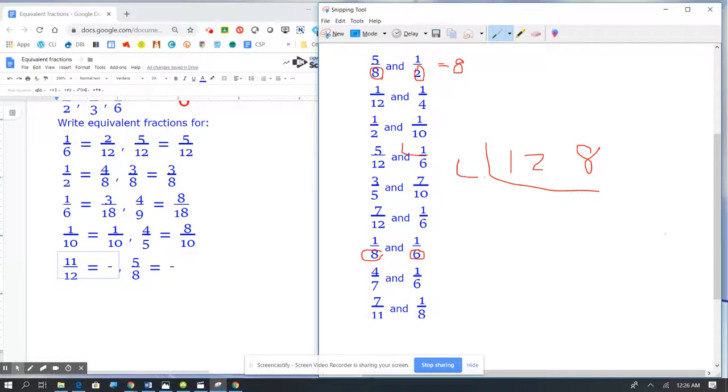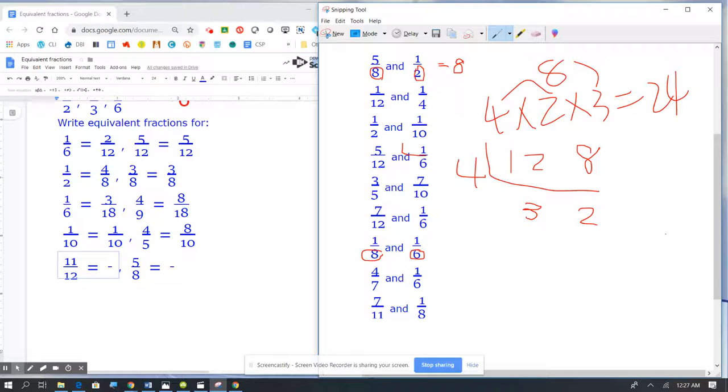It's 4, right? 4 times 3 is 12, 4 times 2 is 8. So it'll be 4 times 2 times 3. 4 times 2 is 8, 8 times 3 is 24. So therefore, we're going to put 24.